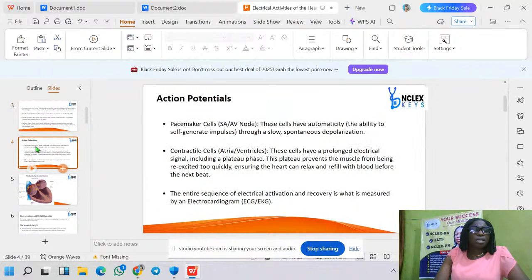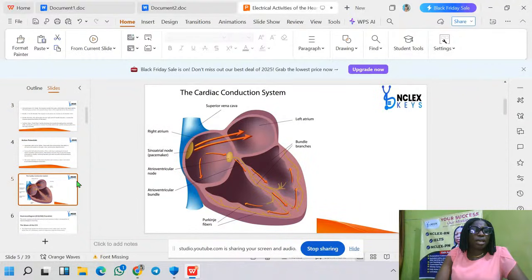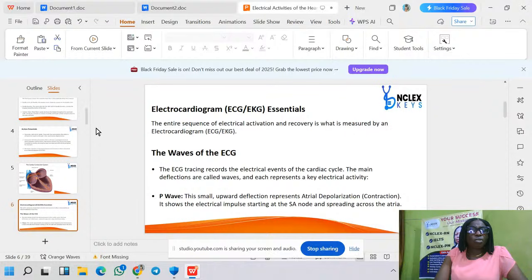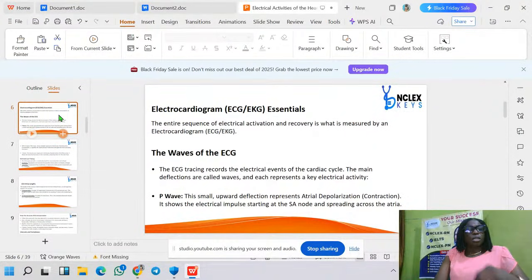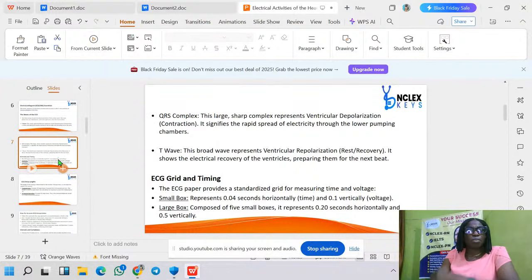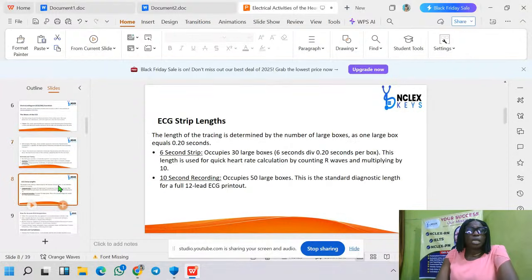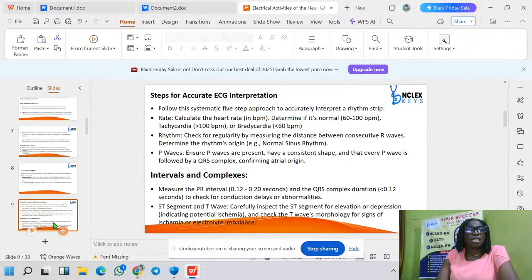There are some parameters you need to put into place before you think of interpreting ECG. The first parameter, like I told us yesterday, is the P wave, P and PR together.